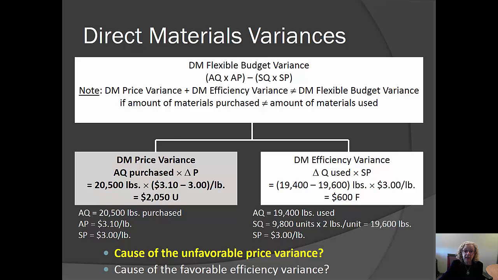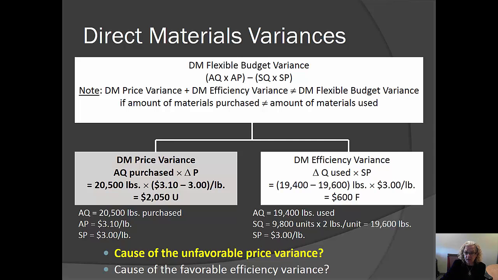Now, what caused the unfavorable price variance? Could be a number of things. Maybe we didn't negotiate well with our suppliers. Alternatively, perhaps we didn't take advantage of the discount for early payment. However, another possibility is that we got higher quality materials.